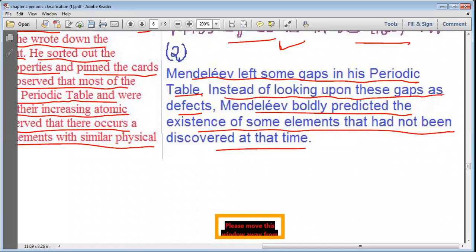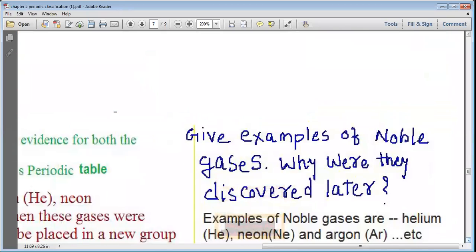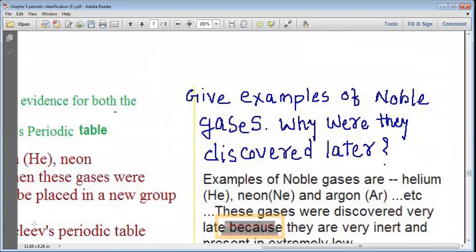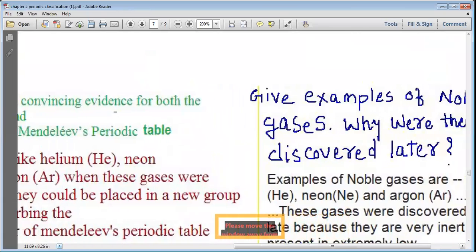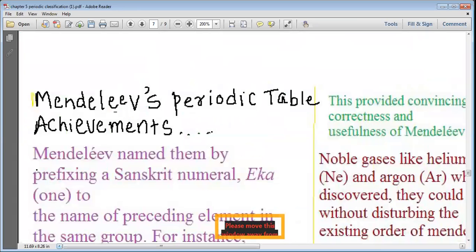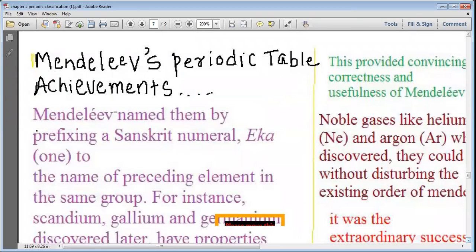Now, what happened when Mendeleev was arranging the elements in increasing order of atomic masses? There were some atomic masses which were not available, which were not present at that time. So Mendeleev had to put some gaps, because for every box of atomic mass there was no element present.